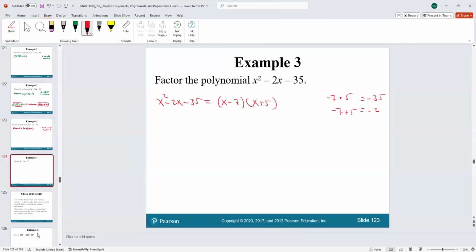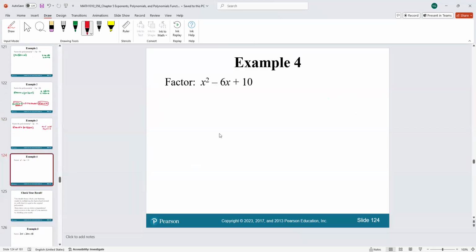If we continue to do more exercises in this category, we need two numbers that multiply to give you 10. When you add these two numbers, the sum must be negative 6. So we know the two numbers must be both negative in order to obtain negative 6. What are the factors that would give you 10? Only 1 times 10 or 2 times 5.